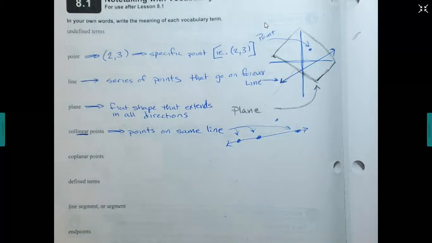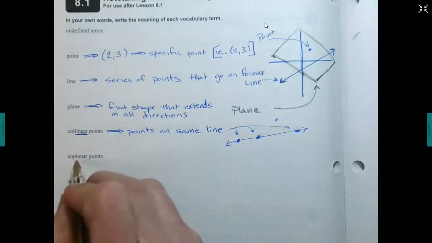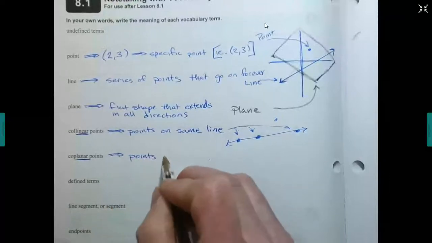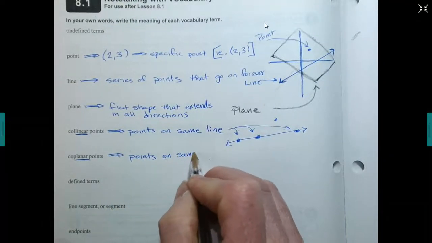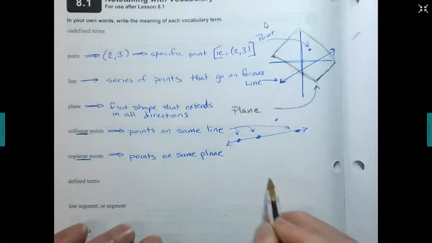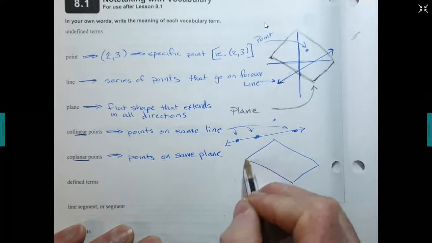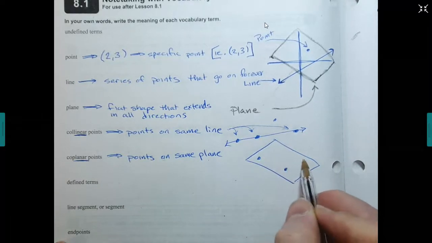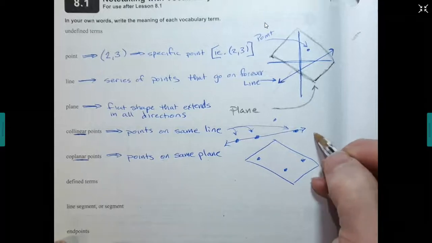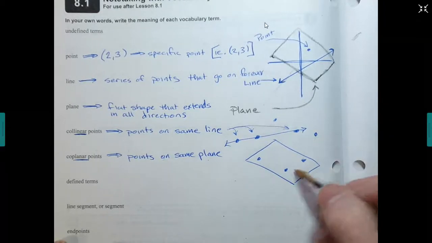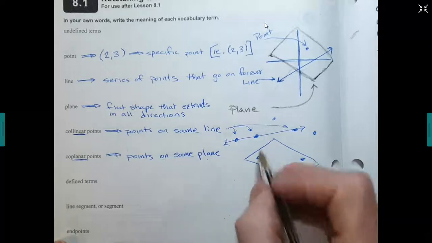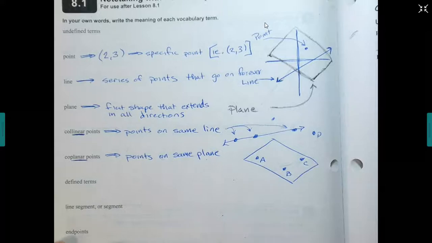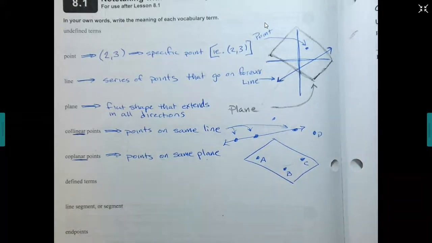Collinear, same line. Coplanar is points on the same plane. So if I have a plane, I might have point A here, point B here, point C here. Those are all coplanar. But if I have a point out here, that is not coplanar. So A, B, and C are coplanar. D is not coplanar.